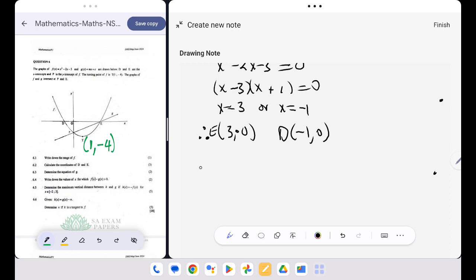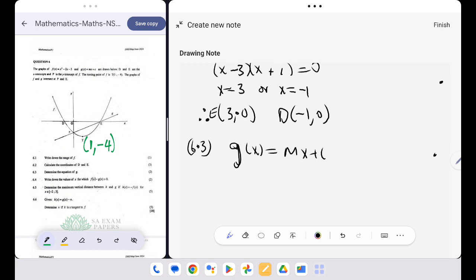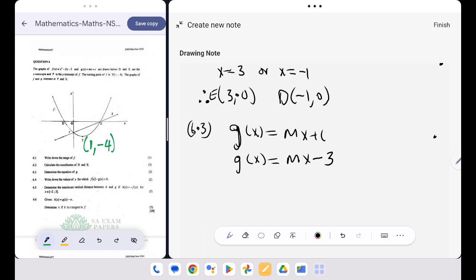Okay, 6.3, determine the equation of g. g of x is a graph like this, mx plus c, a straight line graph. I already know that g and f have the same y-intercept, so it will be -3 here. All I need to find is the gradient. I don't have to calculate it because I have a point on the graph which I can substitute.